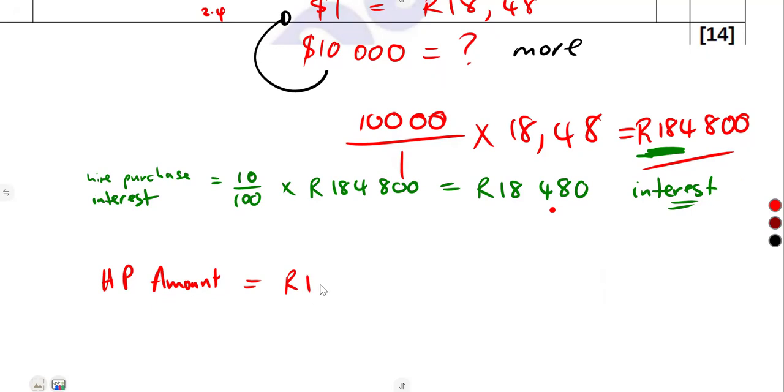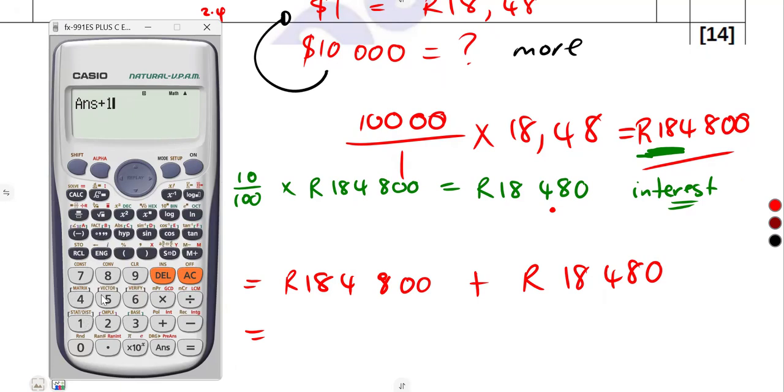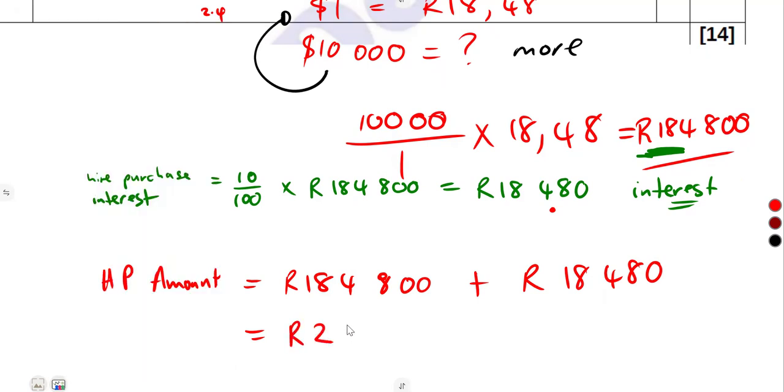The original price of the car, 184,800, plus the interest of 18,480. So it's going to be 203,280.